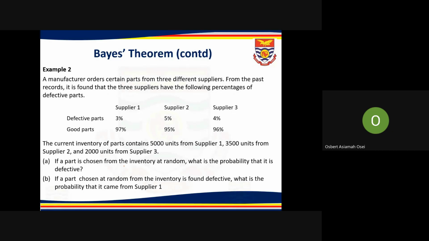The current inventory of parts contains 5,000 units from supplier 1, 3,500 units from supplier 2, and 2,000 units from supplier 3. If a part is chosen from the inventory at random, what is the probability that it is defective? I would want everyone to pay attention to this one.